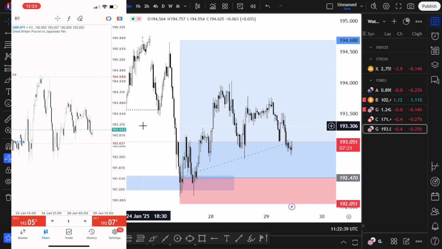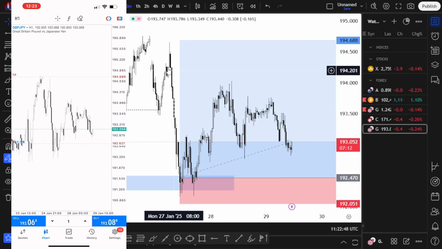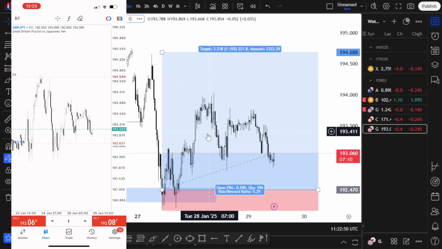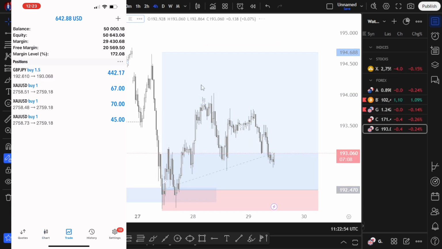So this is the gold. As you can see, we are still in a range, like a sideways market, but today there's some news. I'm expecting that news to take the market to my target, because overall, the trend of GJ is still strongly bullish.